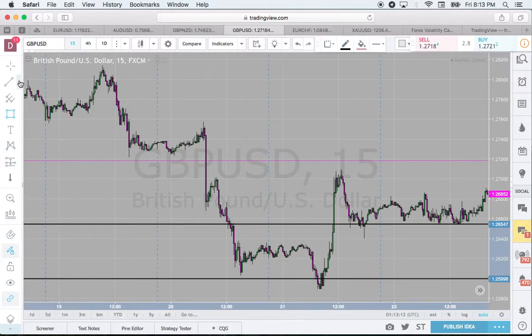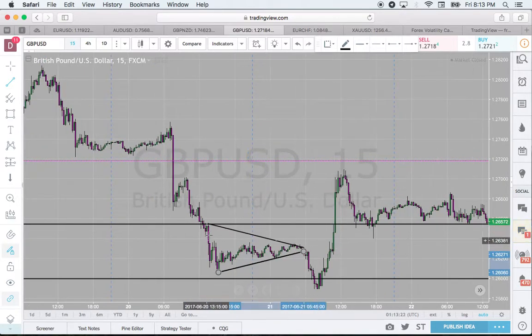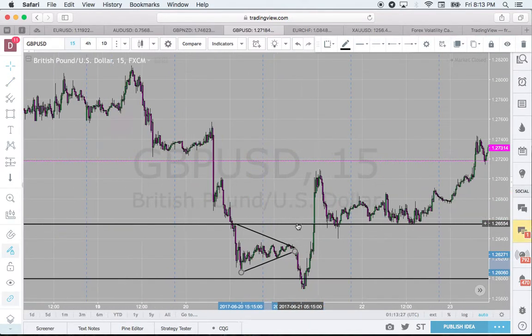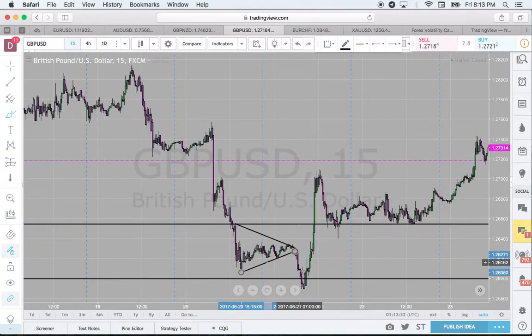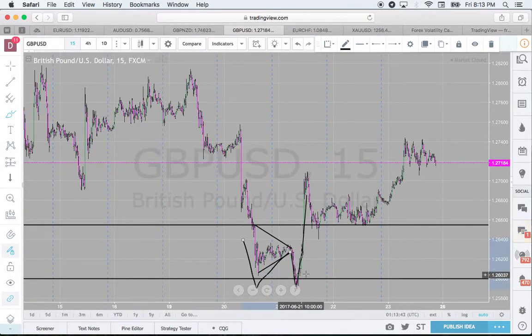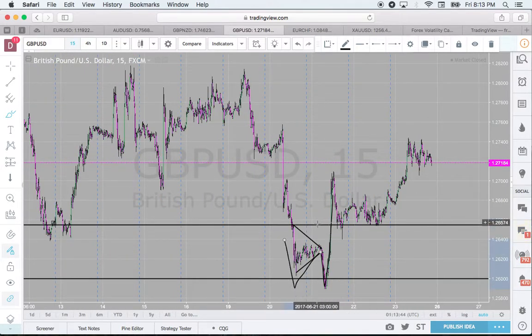We can see what happened in the zone was a wedge formation that consolidated in this zone, and the breakout of this wedge created the second leg of the reversal W formation, the reversal pattern in this zone, in this liquidity zone.